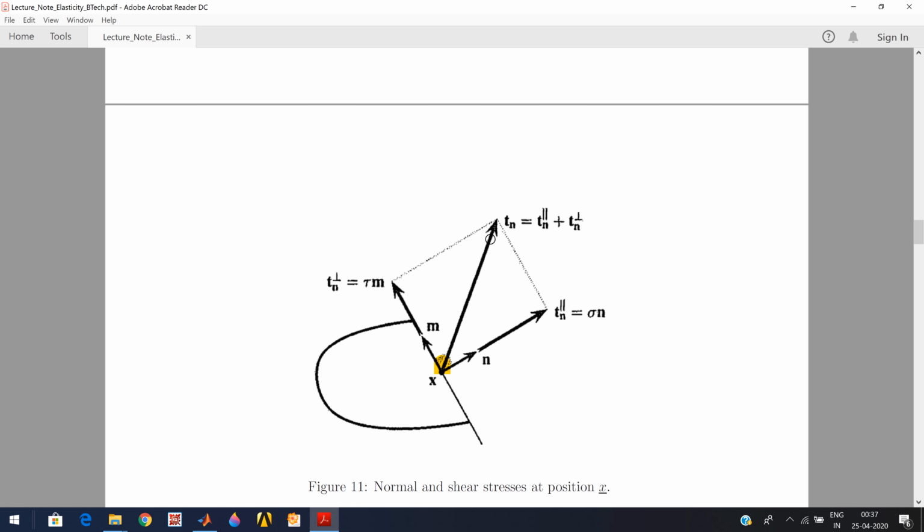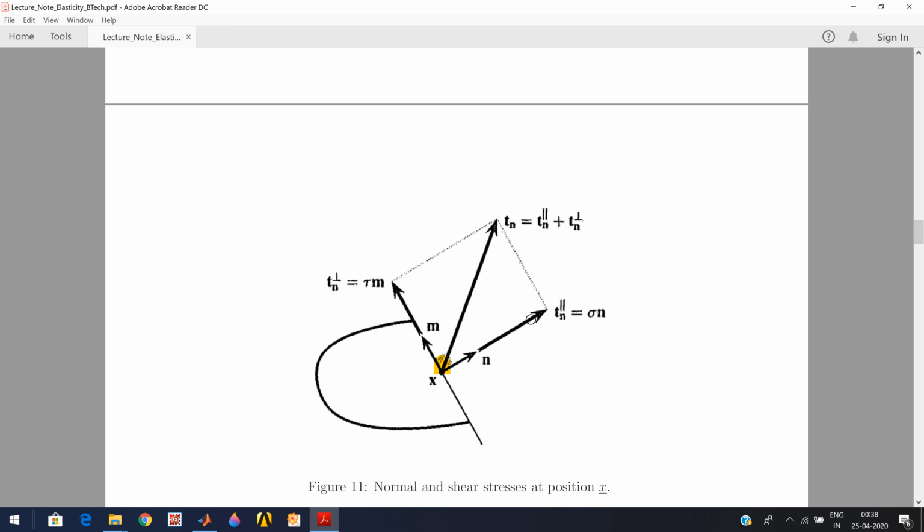So that traction vector can be split into two components, one along the normal vector, which is denoted as Tn parallel to normal vector, and then another component along the vector perpendicular to this n. So this is denoted as M vector. So this is the component Tn perpendicular.